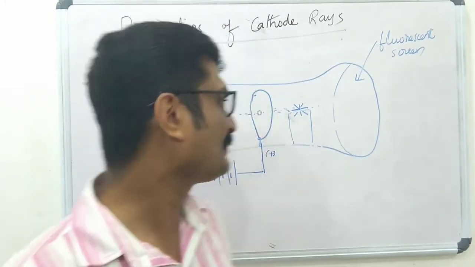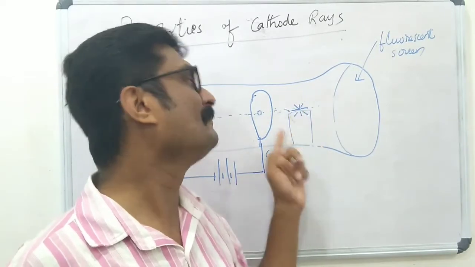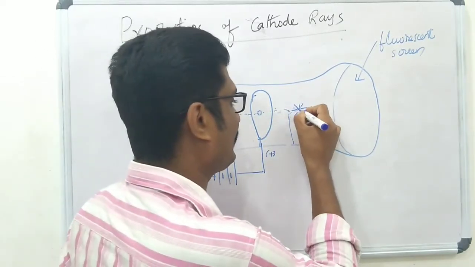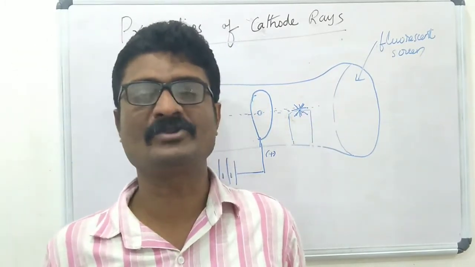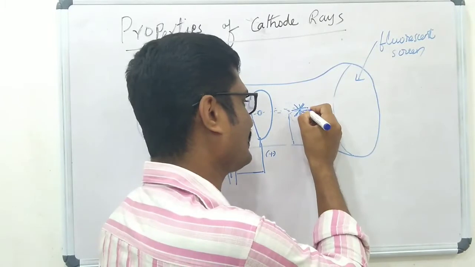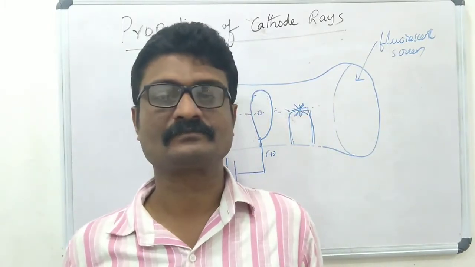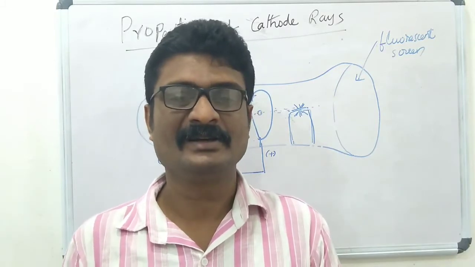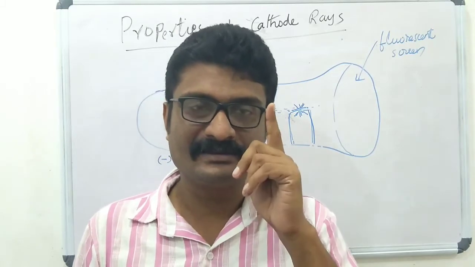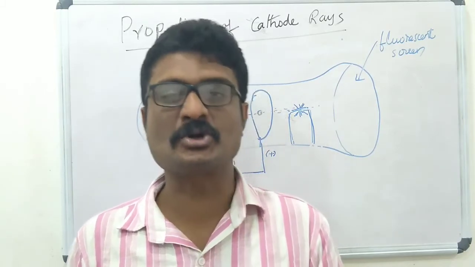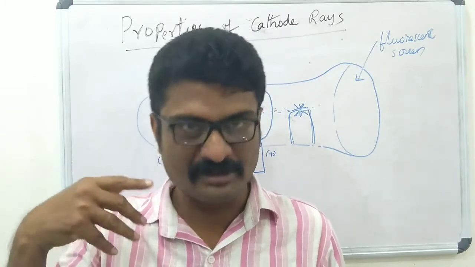Please listen here. If a light paddle wheel, this is a paddle wheel made from mica, mounted on an axis, is placed in the path of cathode rays, this paddle wheel starts rotating.